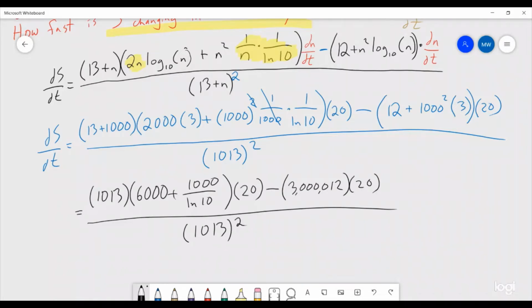So whatever that is, that's going to be how fast the amount of cracklage changes. So let's go ahead and figure out what that is approximately.